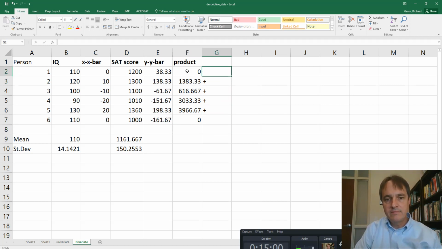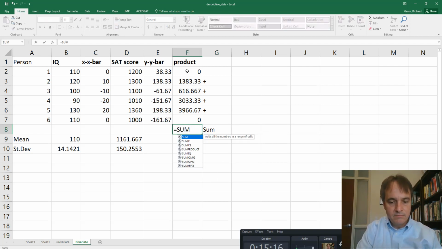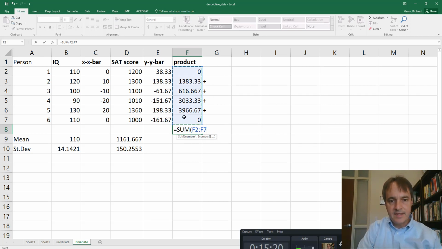But now how do we gather all this? How strong is this relationship? Well, let's just add these up. This isn't the complete way to do it, but it will give us a step along the way.